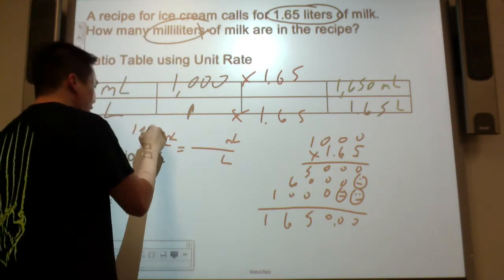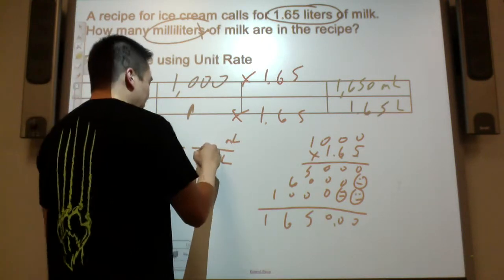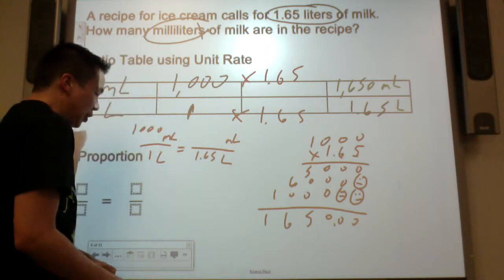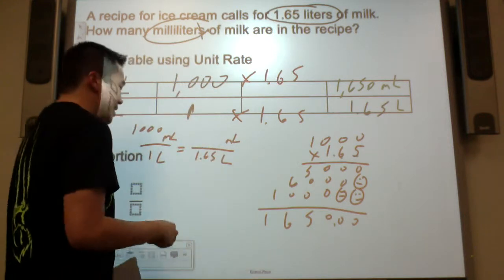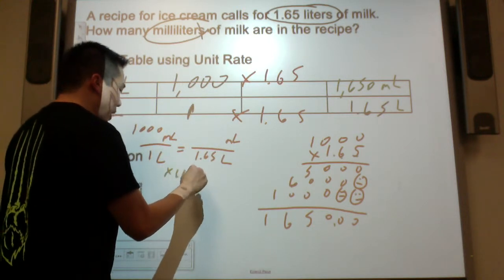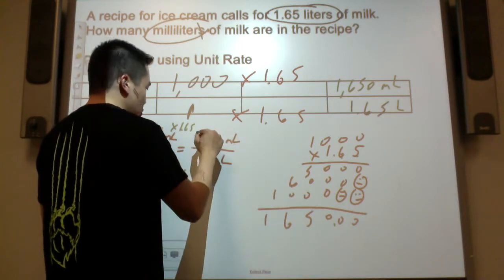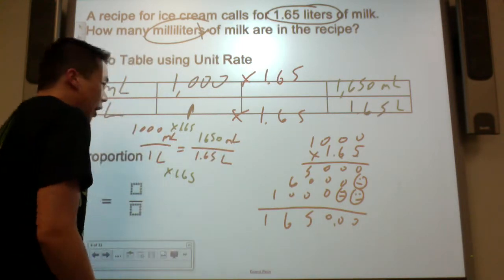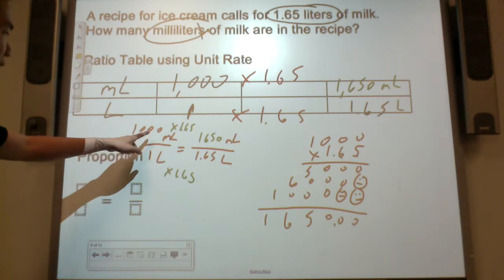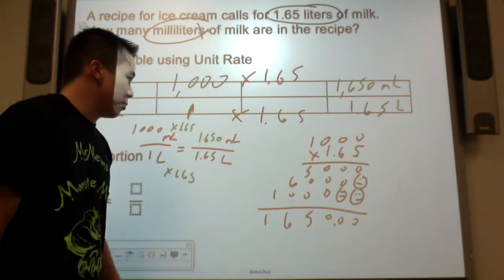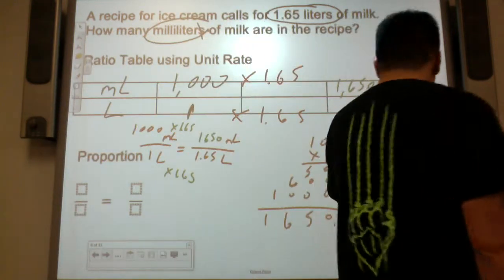We know 1,000 milliliters is 1 liter, and we have 1.65 liters. How do you build up from 1 liter to 1.65 liters? You multiply by 1.65, and we already did, it's 1,650 milliliters. So 1,000 milliliters to 1 liter is the same as 1,650 milliliters to 1.65 liters.